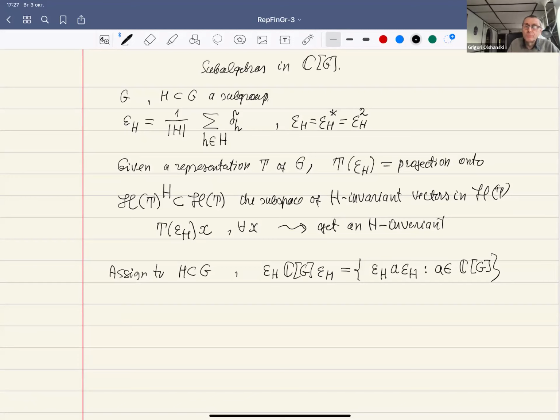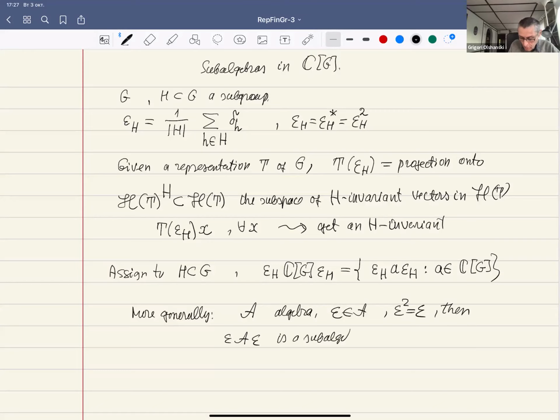If A is an algebra and epsilon is an idempotent, meaning epsilon squared equals epsilon, then this object is a subalgebra. So we apply this standard construction.